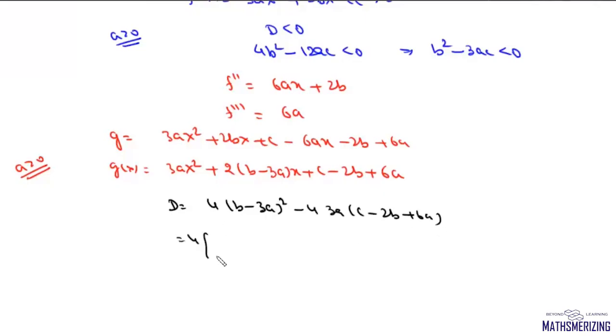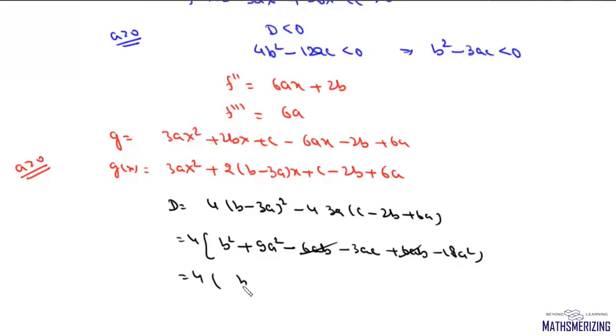Now we'll take this 4 common, and then we'll get b square plus 9a square minus 6ab minus 3ac plus 6ab minus 18a square. Now 6ab will cancel, so we'll get this as 4 into b square minus 3ac, and then minus 9a square. Now b square minus 3ac is less than 0, and minus 9a square is also less than 0. So here D is less than 0.